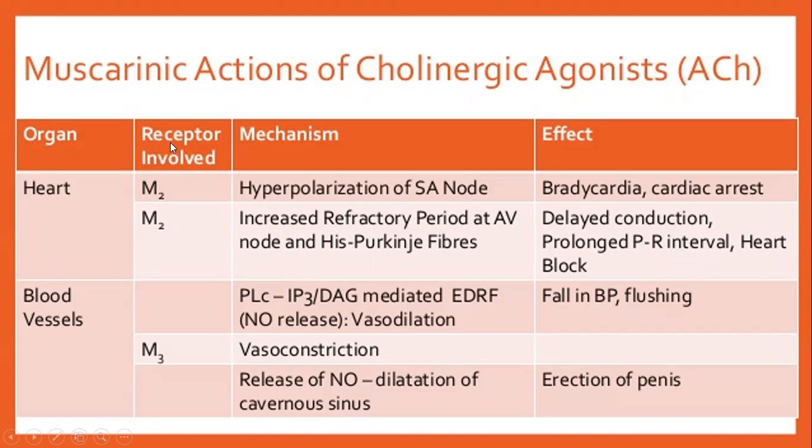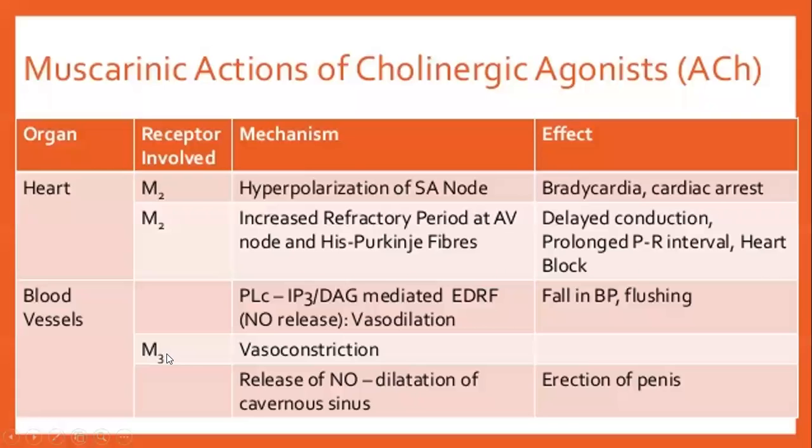Okay, and the next action is on blood vessels: the cholinergic agonist action on blood vessels. Blood vessels consist mainly of what kind of receptors? That is M3 receptors. So what is the mechanism?